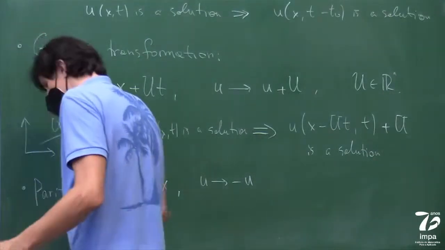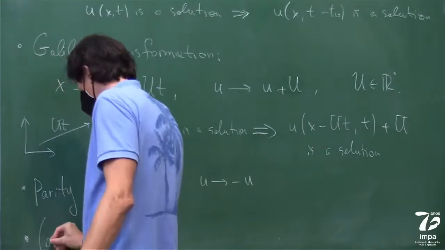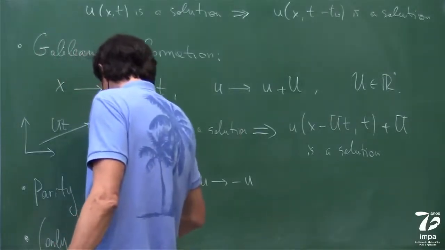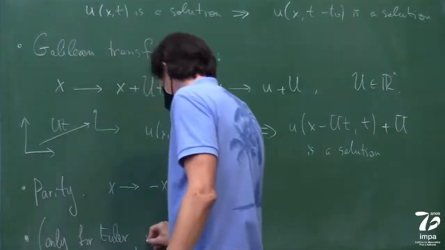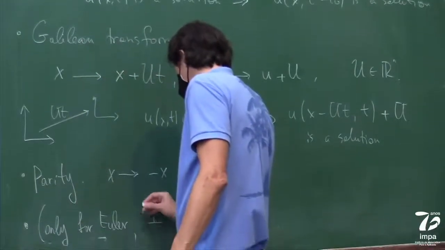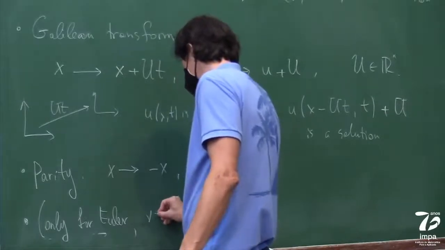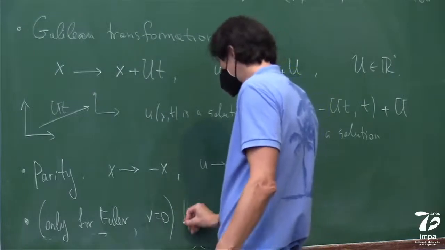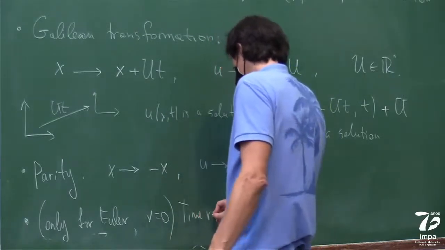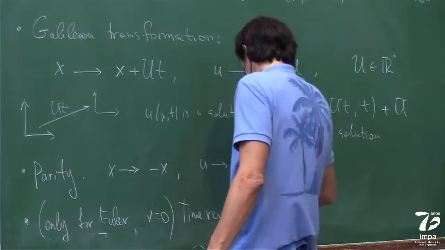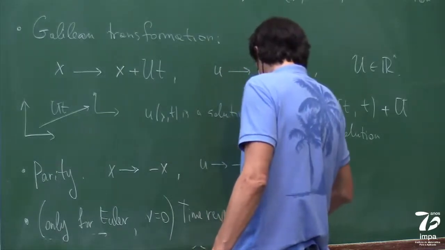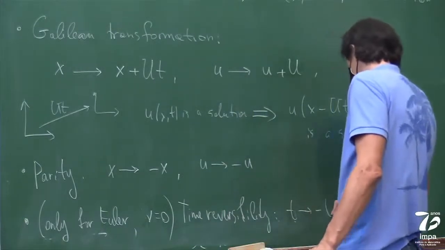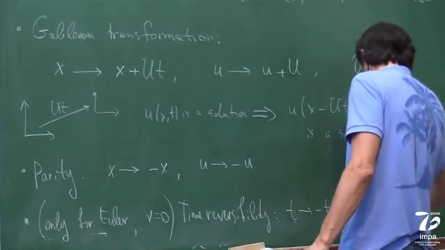The next is only for the Euler system. When viscosity is 0, so no viscous term, then you can also have time reversibility. So it's t to minus t and u to minus u.